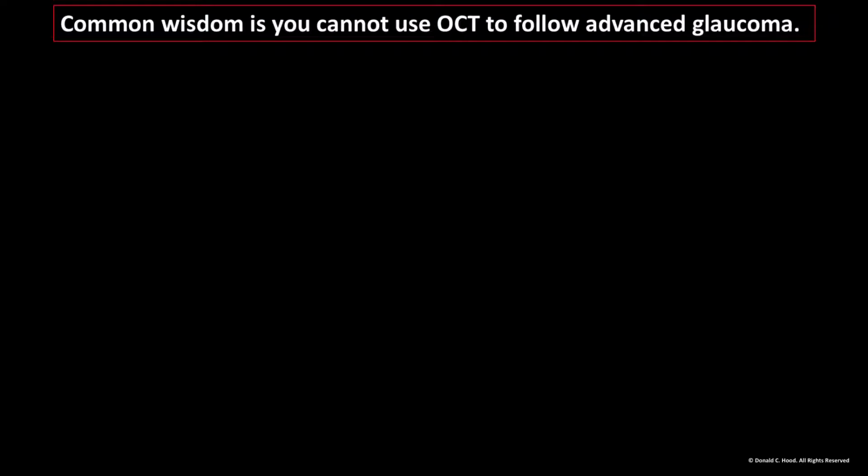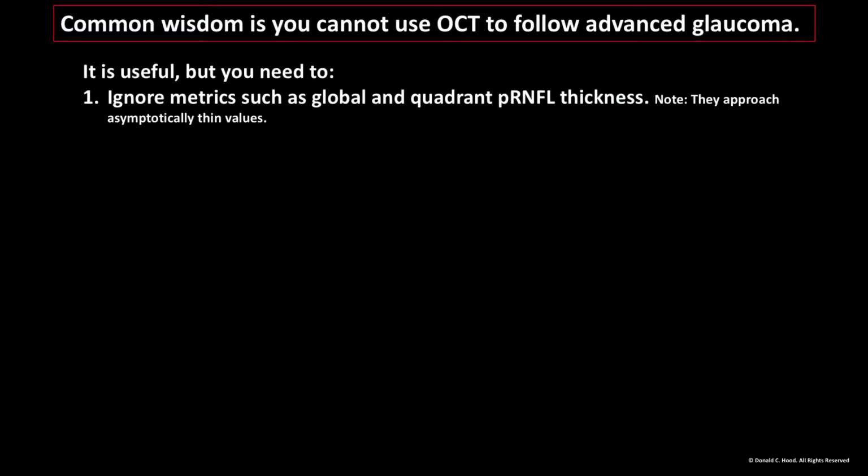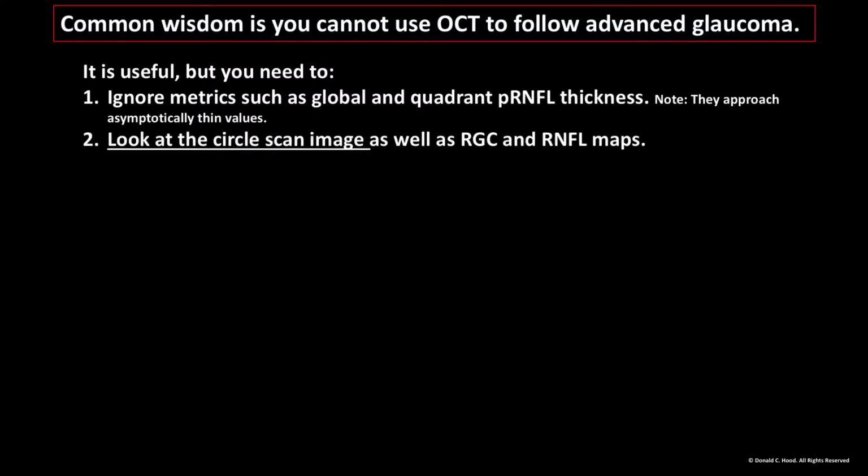So the common wisdom is you cannot use OCT to follow advanced glaucoma. That's just not true. You can use it, but you have to ignore metrics such as global and quadrant retinal nerve fiber layer thickness. You have to look at, for example, a circle scan image as well as the retinal ganglion cell and retinal nerve fiber layer plots or maps.